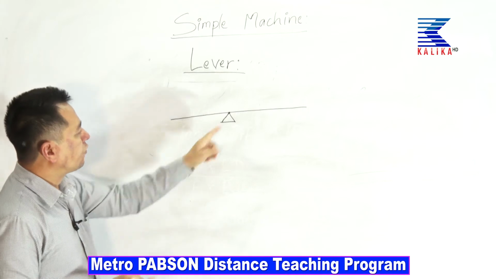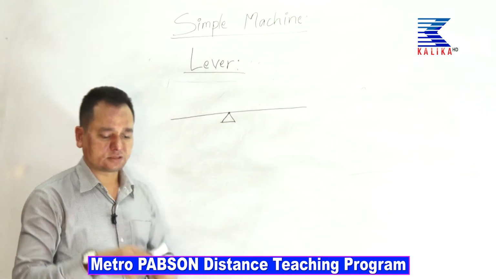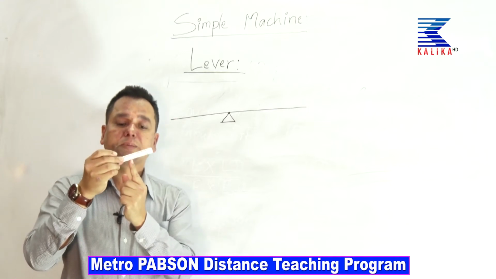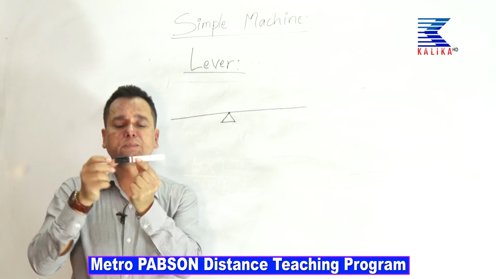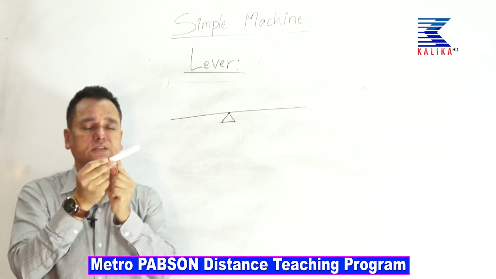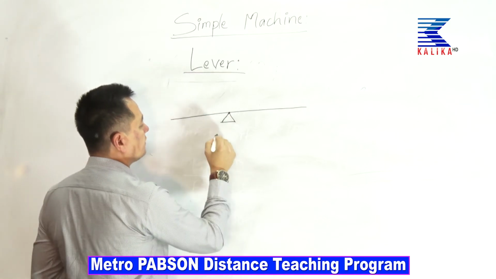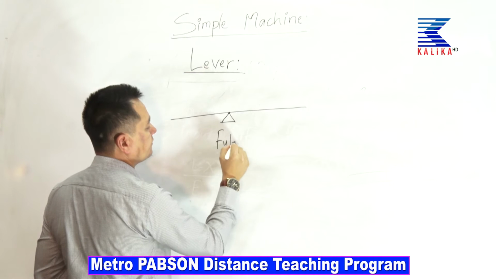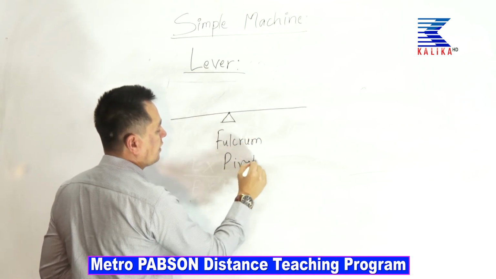Suppose this is a fixed point, and the rigid bar is capable of rotating about this fixed point. And this fixed point is called pivot or fulcrum.